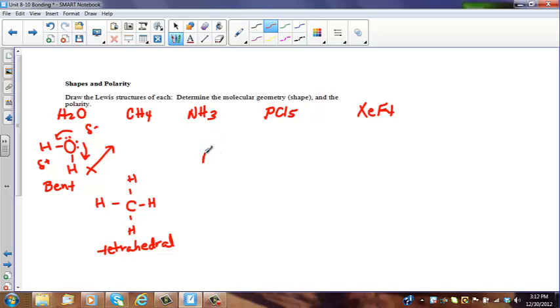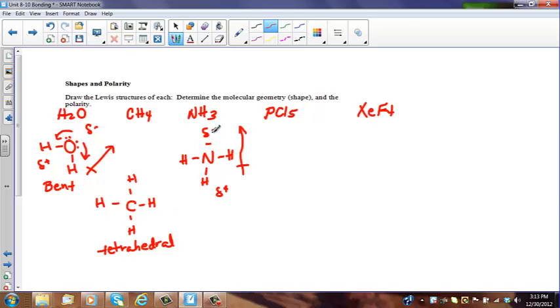NH3, N has 5, and each H has 1. That's a total of 8. So there's 2, 4, 6, so you know that there's still a lone pair lurking. It has to be on the N. There's my lone pair, should be 2 dots. Again, there's going to be a dipole moment in the northern direction. I can do it like this, or I can do, whoa, terrible line, like that.